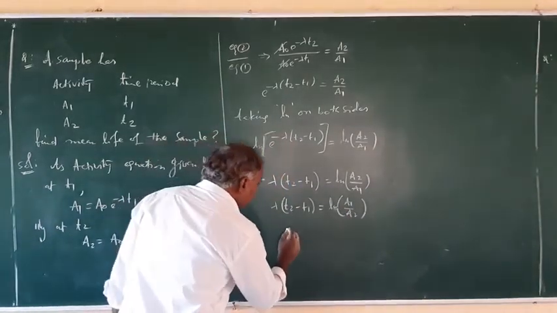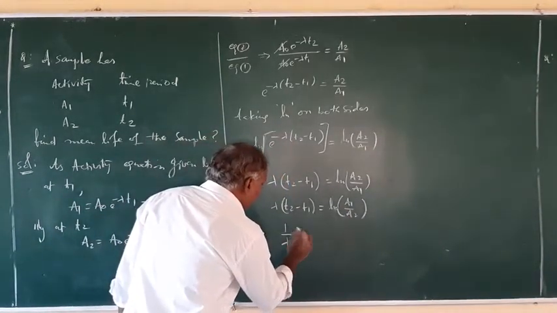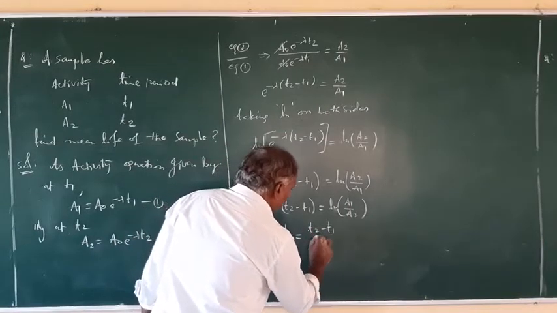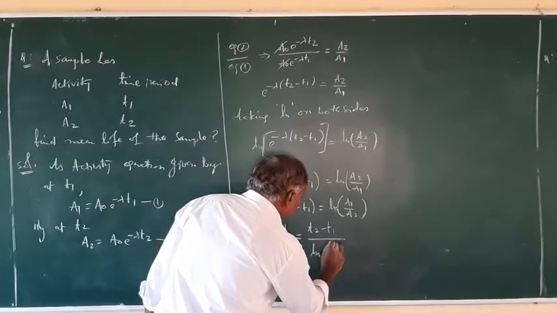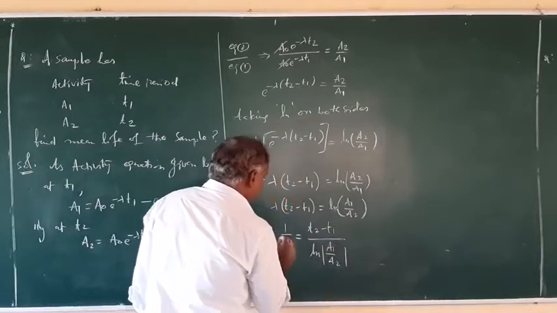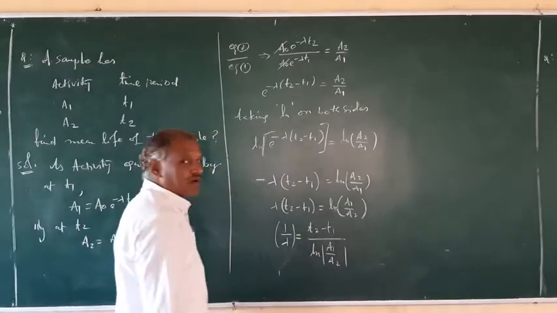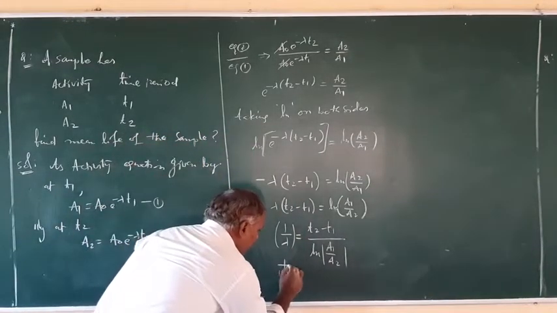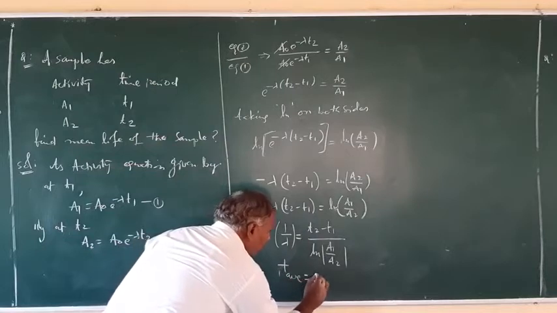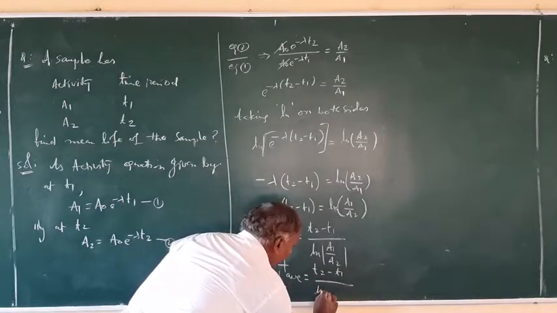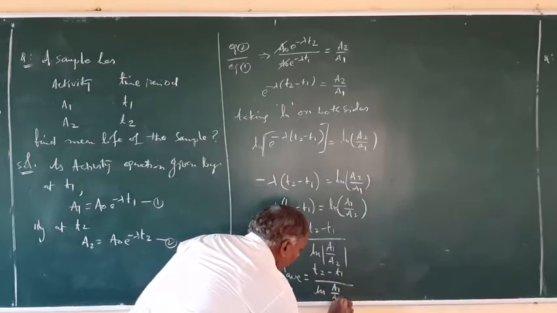Now I can write 1 by lambda, making lambda go to this side, is T2 minus T1 upon ln of A1 by A2. This 1 by lambda, the reciprocal of the decay constant, is the average lifetime period only. T average is equal to T2 minus T1 upon ln of A1 by A2.